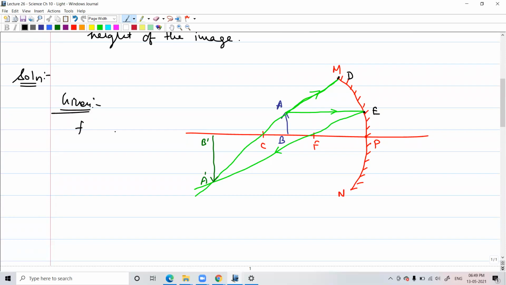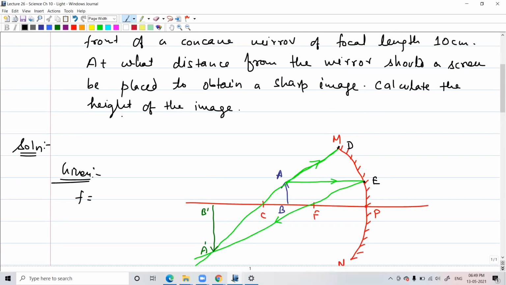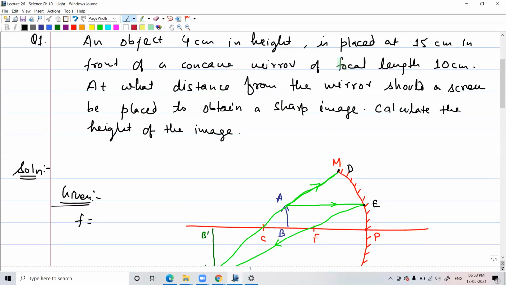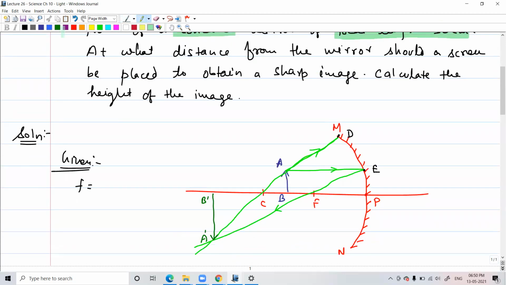Focal length is given. What should I write the focal length as? Minus 10 centimeter. Yes, the focal length is 10, but we know that it is a concave mirror. So a concave mirror has a negative focal length. So it's important to write it as minus 10, not just 10. Okay. So focal length is given as minus 10.